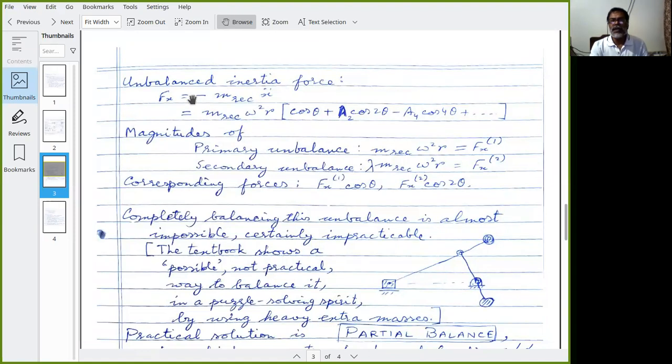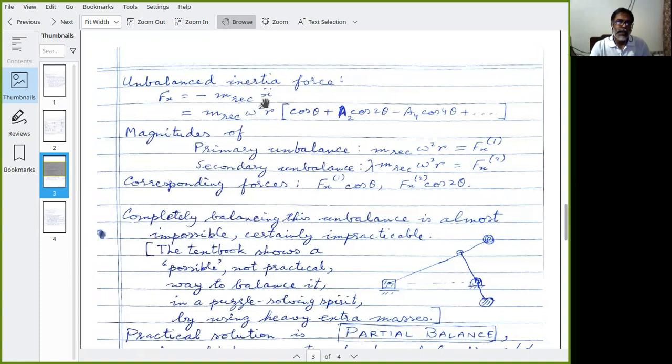So the unbalanced inertia force Fx turns out to be this.